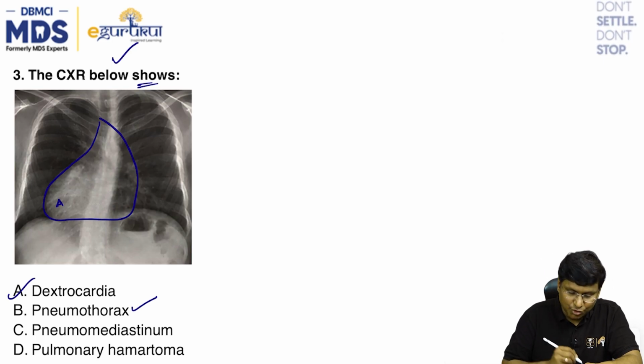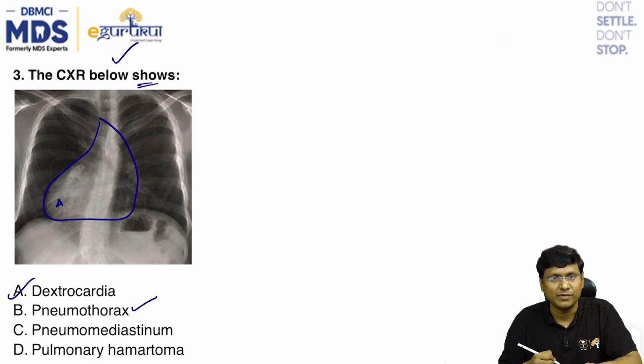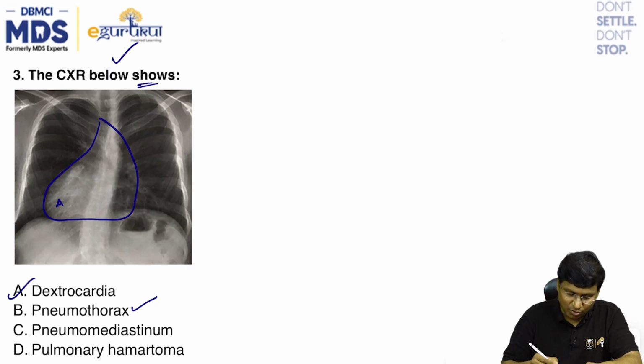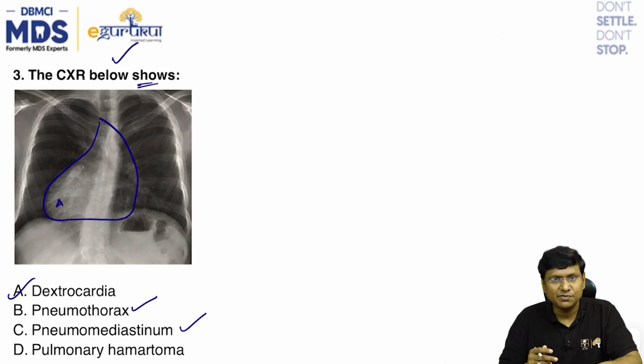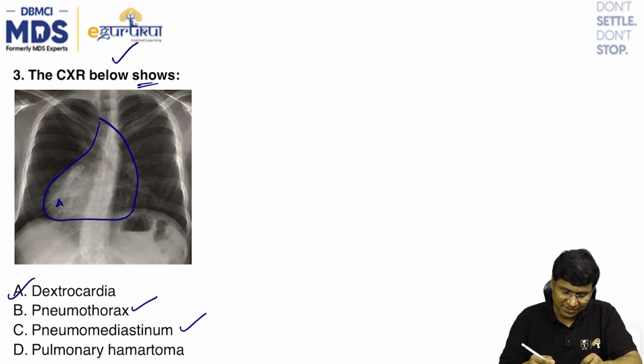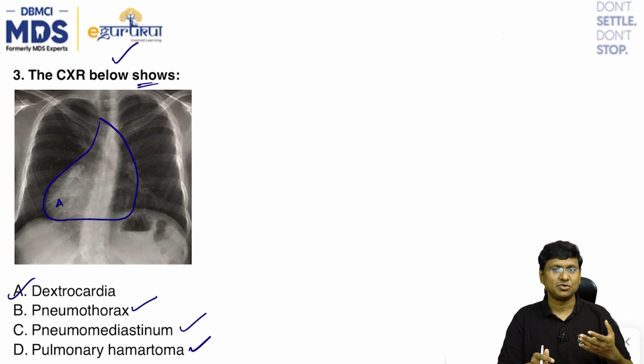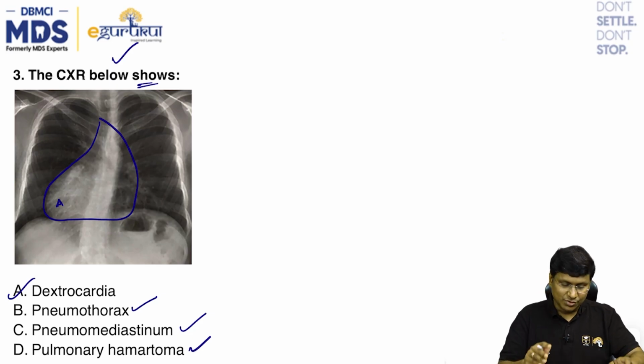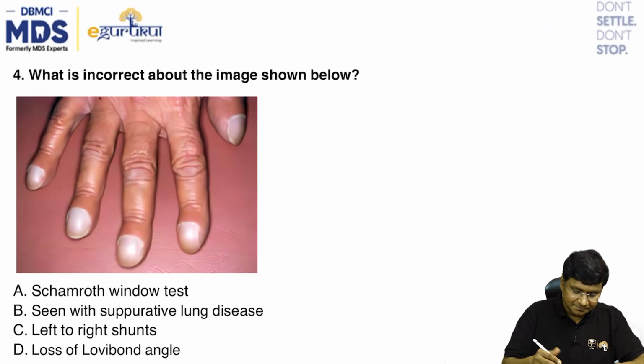Whereas in case of pneumothorax, you have the presence of bronchovascular markings in both the lungs, so that will rule out pneumothorax. And in case of pneumomediastinum, you should have air within the mediastinum, which should be black in appearance, and that is absent. And it is not pulmonary hamartoma, because that will appear as a mass within the lung parenchyma. Okay, so the answer here is dextrocardia.